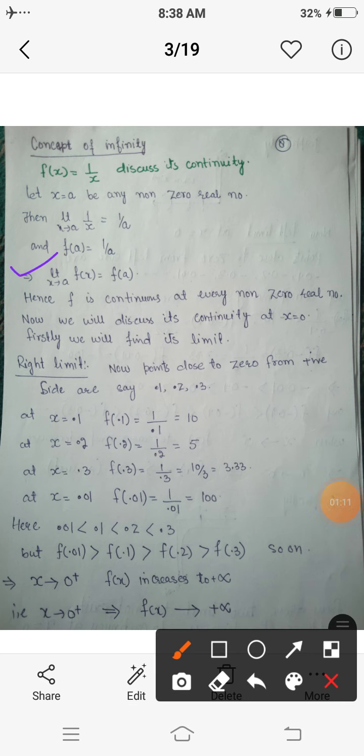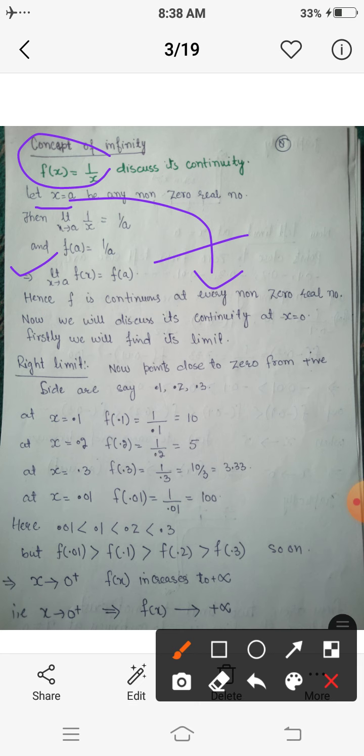That is, limit x tends to a of f of x is simply f of a. So this means that f is continuous at the non-zero real number a. Now this is an arbitrary non-zero real number, so we can simply say that f defined by 1 upon x is continuous at non-zero real numbers.